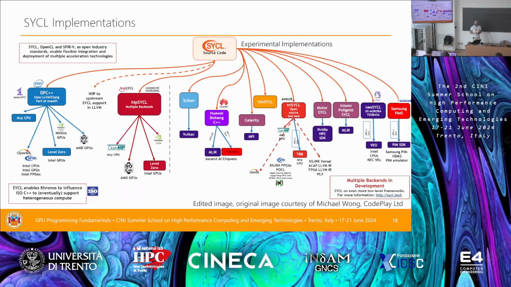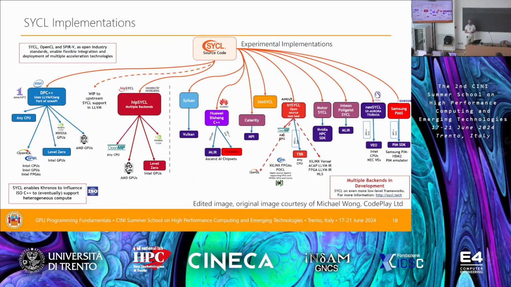Okay, we have another open source implementation. It's called, here it is written hipSYCL, but actually the correct name is AdaptiveCpp right now, which is also very interesting. It's a very different way to map, for instance, the NVIDIA GPU. It's always good to test more than one compiler. Sometimes one is better than the other with some specific codes.